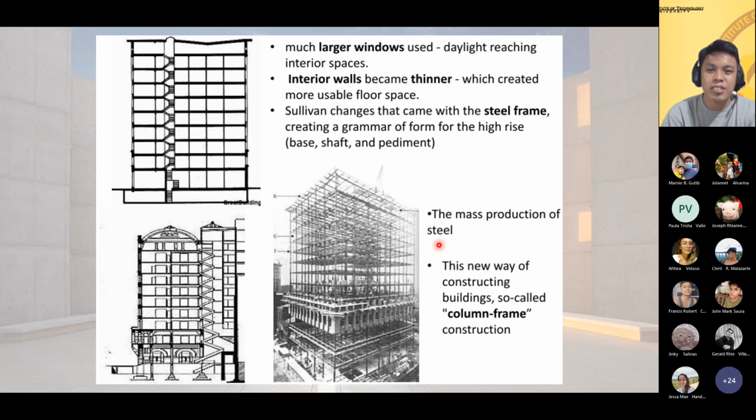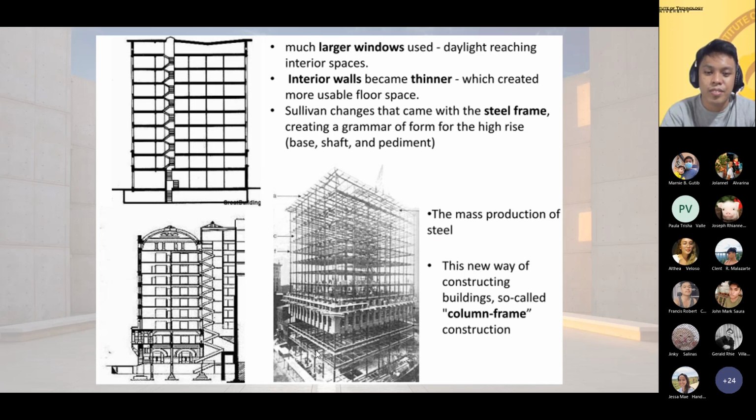I think the Empire State Building, they could construct one floor of the Empire State Building in 1 week. But it's not the same as what we use today. That was long ago, I think 1930s, 1920s. One of the highlights of that era is the mass production of steel, which made it easy to construct buildings.